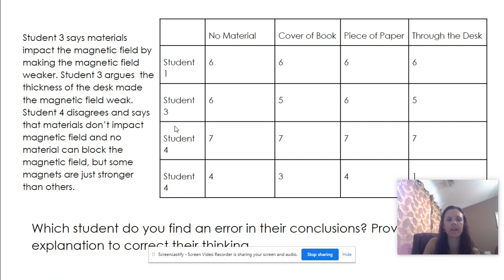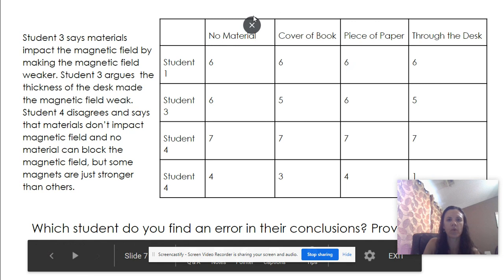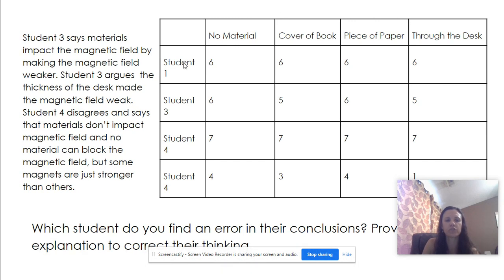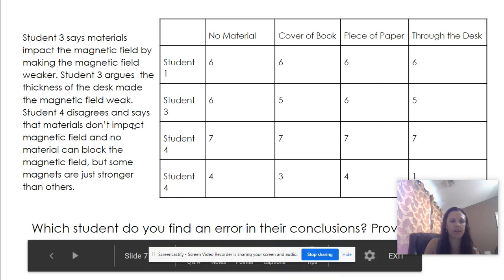So if we look up here, we can see the materials that they used in their investigation was no material, a cover of a book, a piece of paper, and through the desk. So we're comparing student 3 and student 4 because this is who is disagreeing.